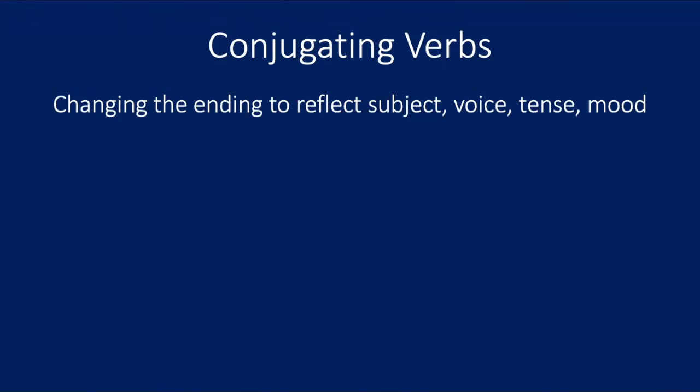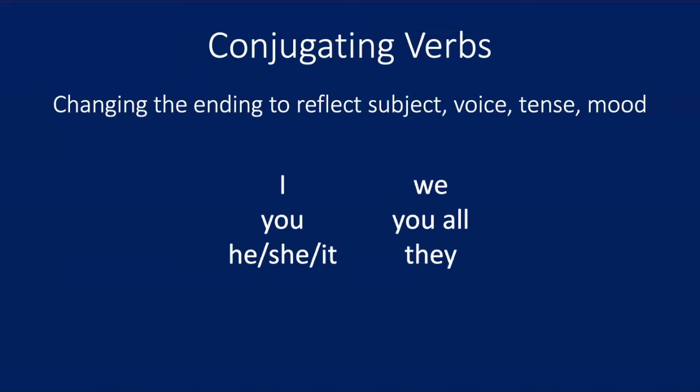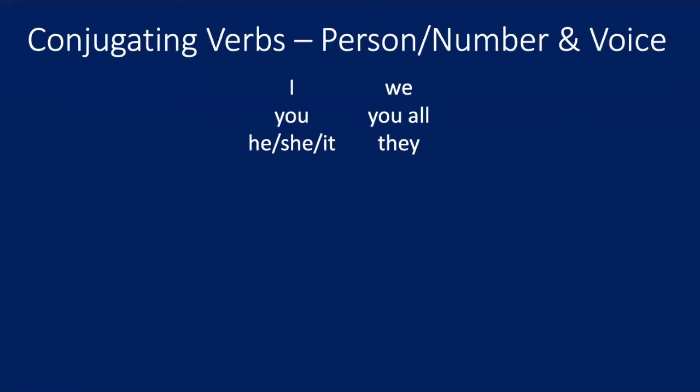So when it comes to the subject, pronouns in English are I, you, he, she, and it, we, you all, and they. So the idea of a verb conjugating is that there's going to be a different ending for each one of these six subjects. So let's take a look at what that looks like.